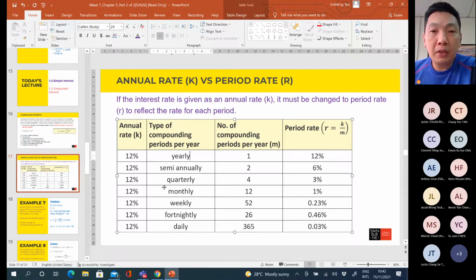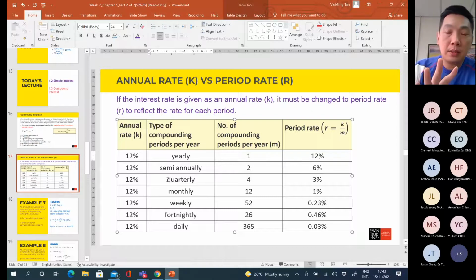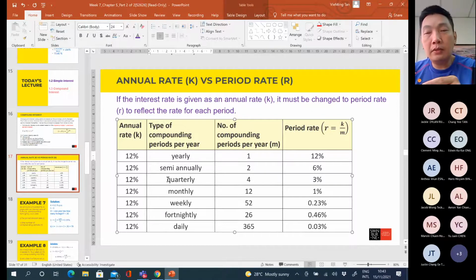How about if this annual interest rate is compounded quarterly? Quarterly means every 3 months. So 1 year has how many quarters? 4 quarters. January, February, March is considered 1 quarter, the first quarter. The second quarter is from April, May, and June.